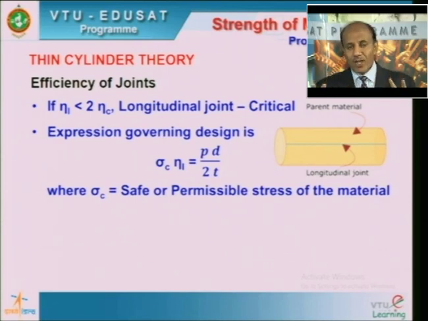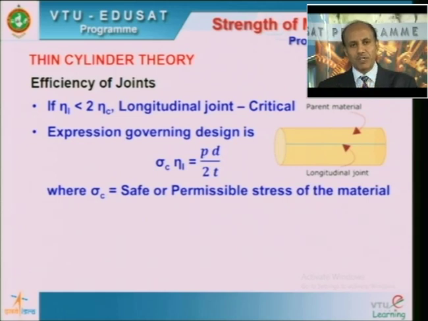So we take an expression for the circumferential stress along with that efficiency: sigma c into eta L equal to PD by 4t, with sigma c equated to the safe or permissible stress of the material.